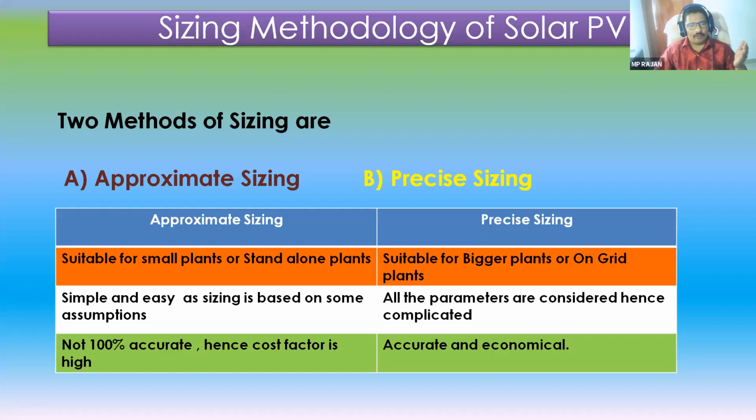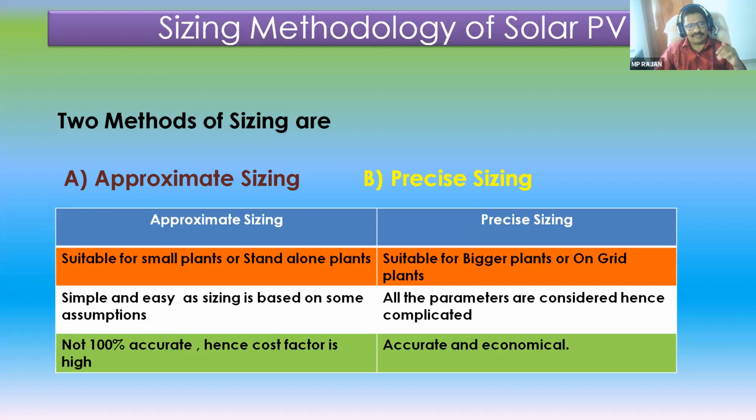Suppose आपको इन्वर्टर का 500 VA, 500 वाट हमको चाहिए, बट 500 वाट हमको मिलने के लिए कितना इनपुट चाहिए इन्वर्टर के लिए, बीच में कुछ एफिशिएंसी होती है, लॉस होती है. So that loss is to be taken into consideration.